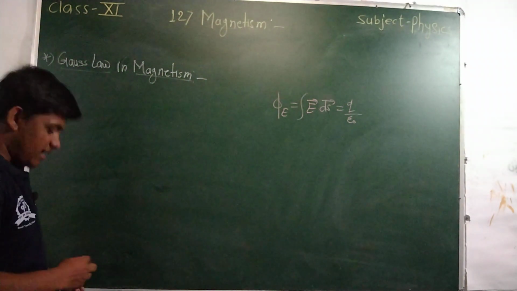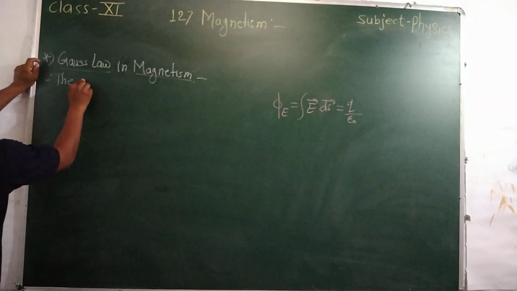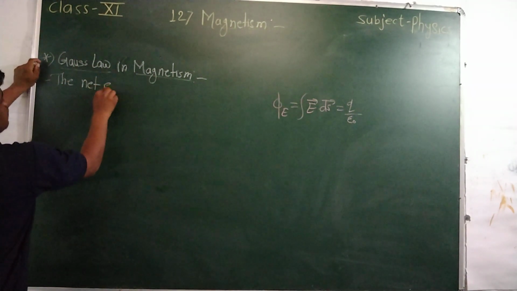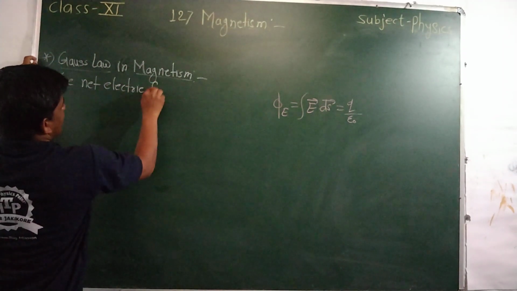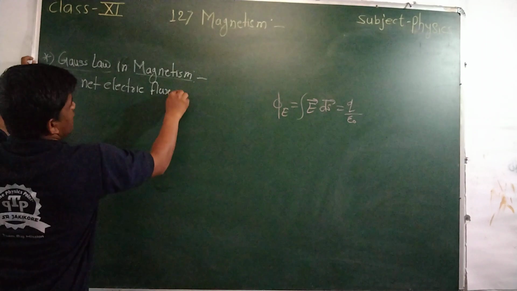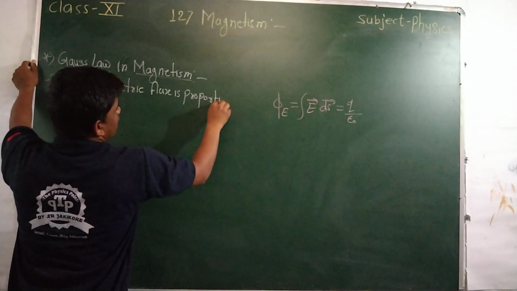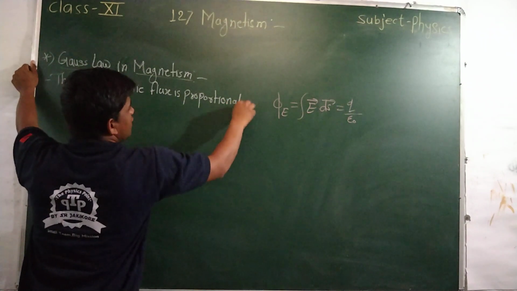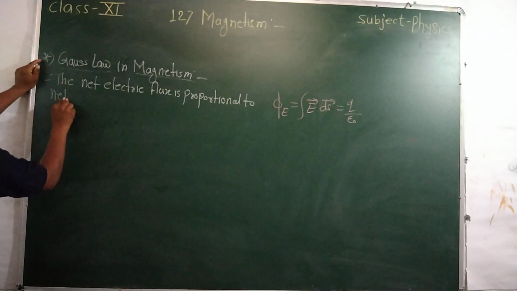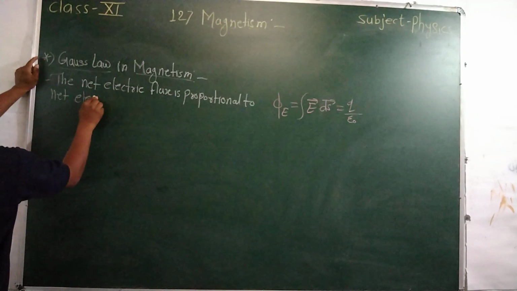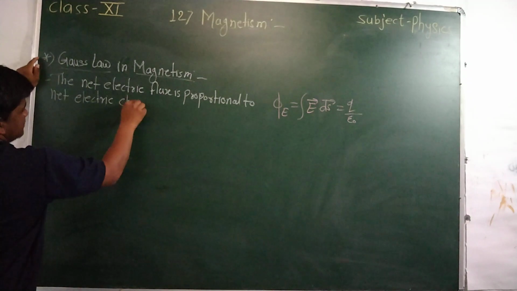In the Gauss law of electrostatics, the net electric flux is proportional to the net electric charges.